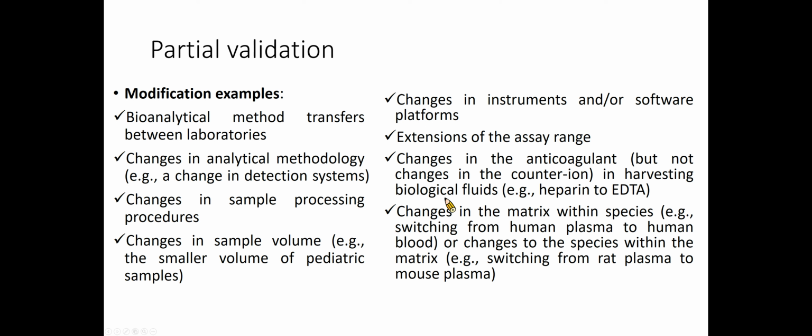Raw data on partial validation should be retained at the analytical site for inspections when requested. Typical bioanalytical method modifications or changes that fall into this category include, but are not limited to, the following examples.